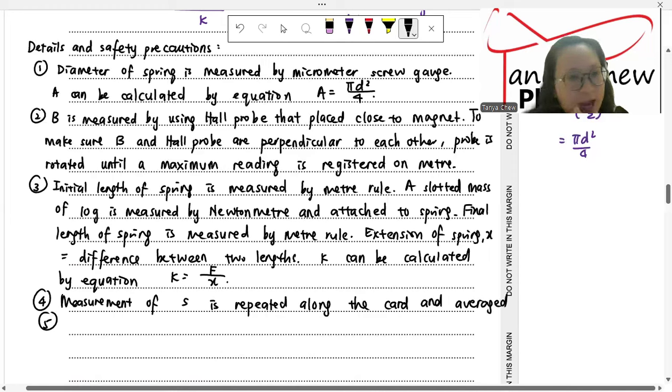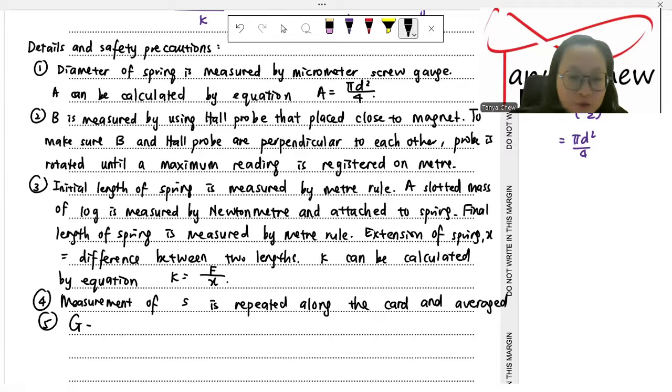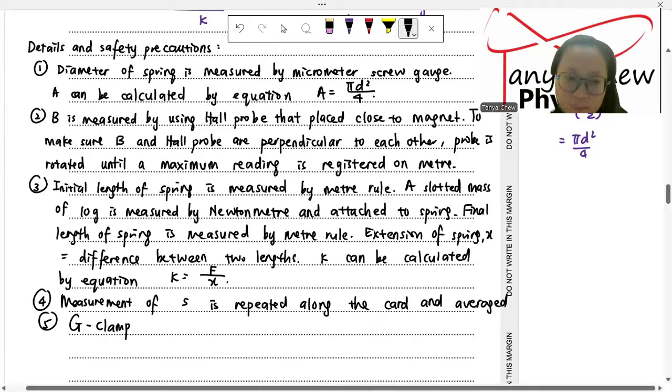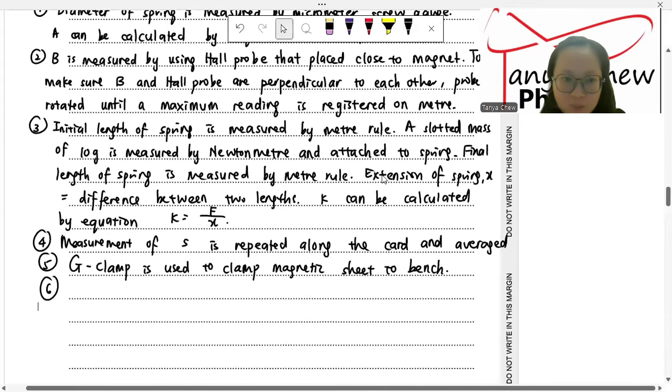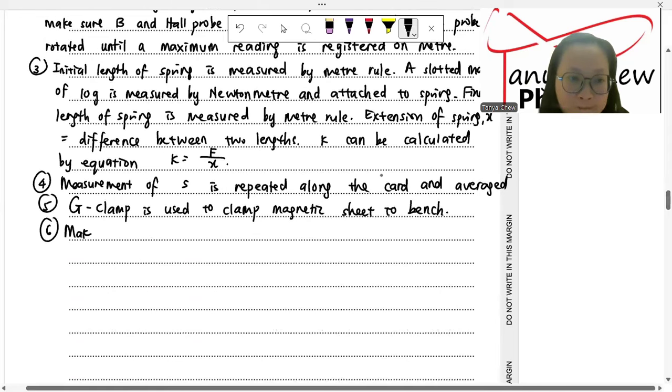And then I said that I use a G clamp. Actually, I don't want to explain this because I have already drawn it out in my diagram, but I still want to explain it because I have time. The G clamp is used to clamp the magnetic sheet to the bench. And one of the safety precautions is to make sure no other magnetic materials are nearby.